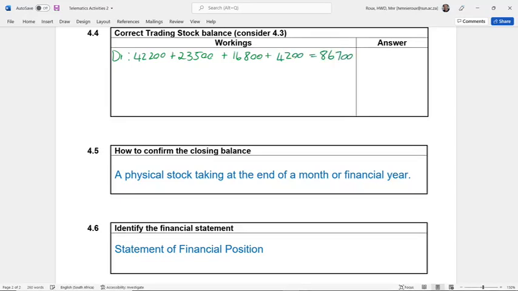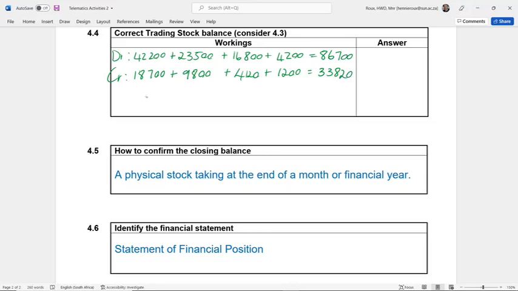So the total, 86,700. If we add the credit side, 18,700, the cash sales, the credit sales, then the returns to the creditors, and now we add the 1,200 that the owner took, 33,820.